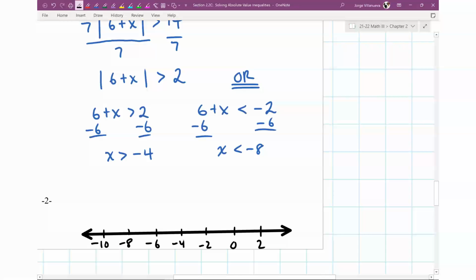We'll start off with the first inequality right here, x greater than negative 4. Okay, so I'm going to go to negative 4, and I'm going to have an open circle. And notice it says greater than, so that's going to the right side.